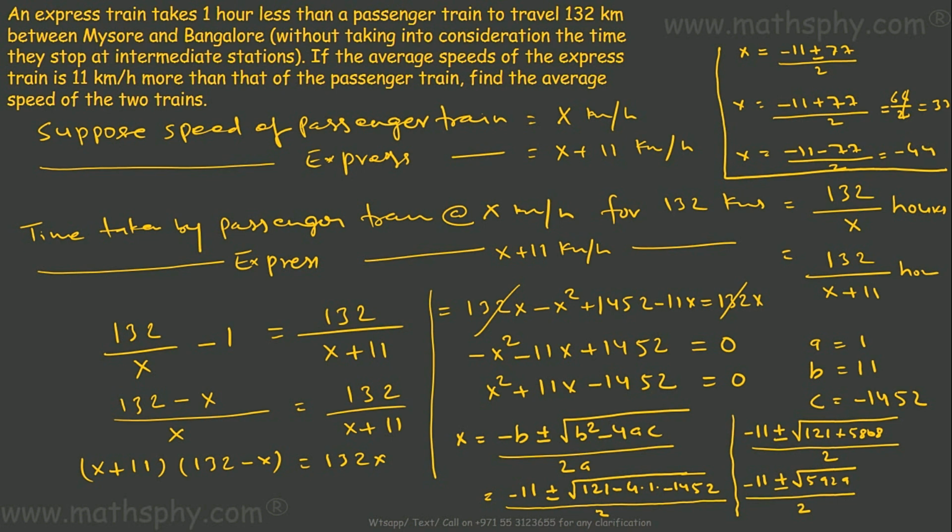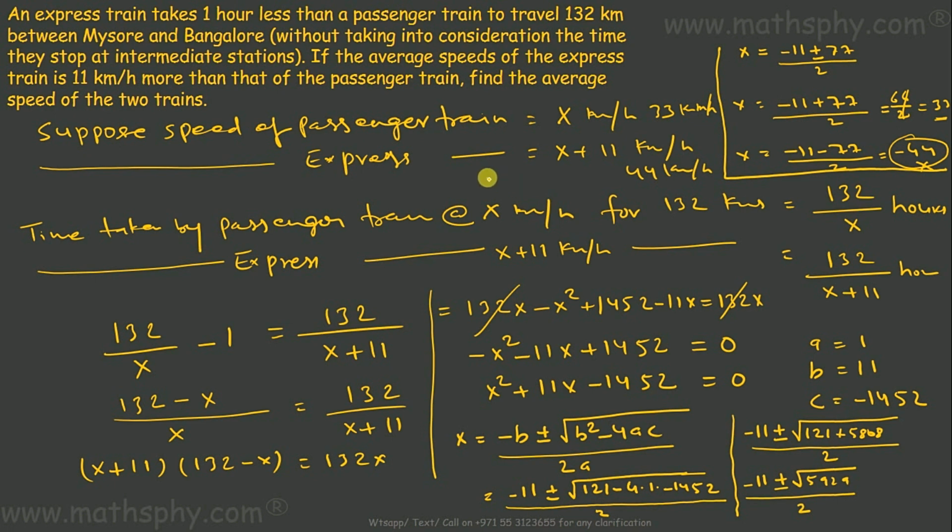Now we are talking about speeds of the trains, which can never be negative, so this is not possible. So x would be 33, means speed of passenger train would be 33 kilometers per hour, and express would be 33 plus 11, 44 kilometers per hour. That's the answer here. Passenger train 33 kilometers per hour, express train 44 kilometers per hour.